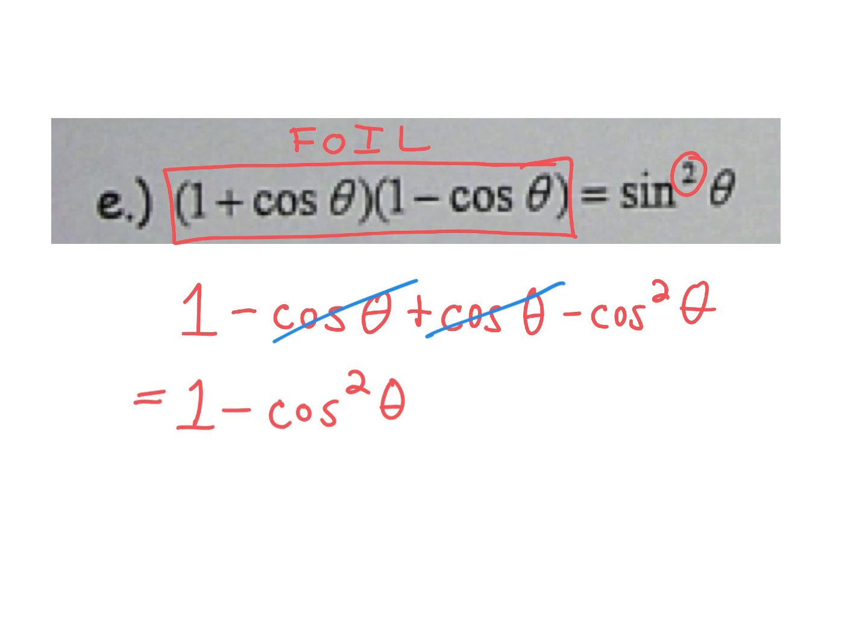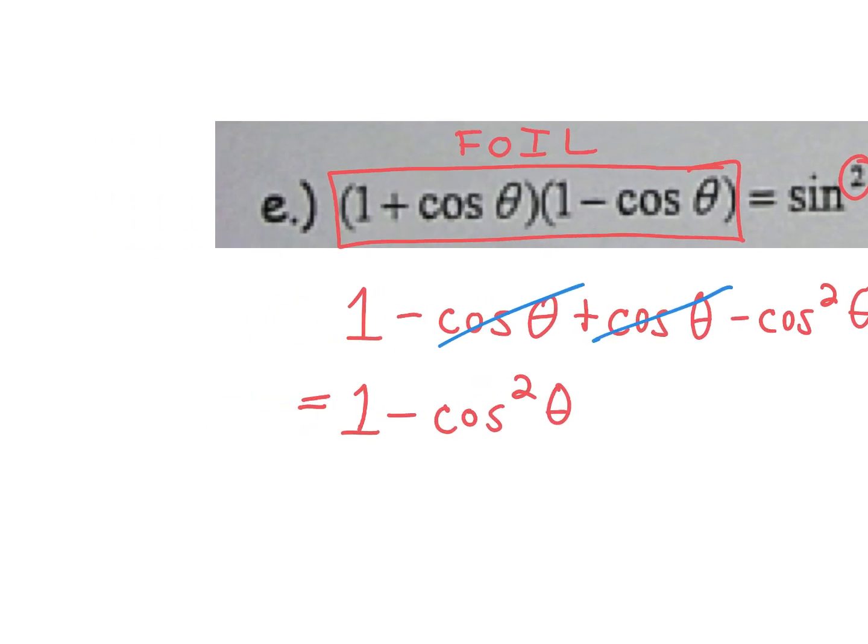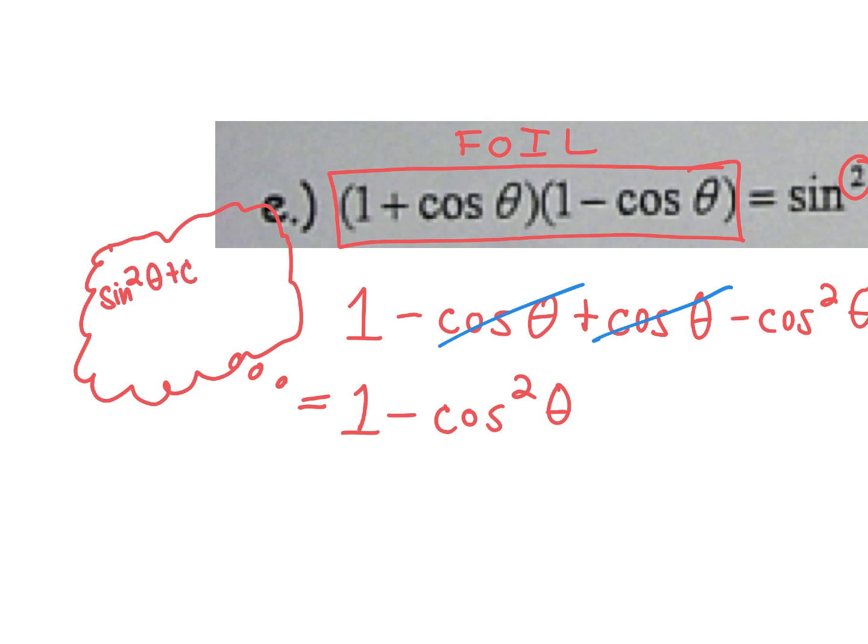Well, now in my head, I'm like, what is that? What am I allowed to say about that? So here's me thinking, and I'm going to refer to myself in third person here, but I did say we want to think about the grand poobah. Sine squared theta plus cosine squared theta equals 1.